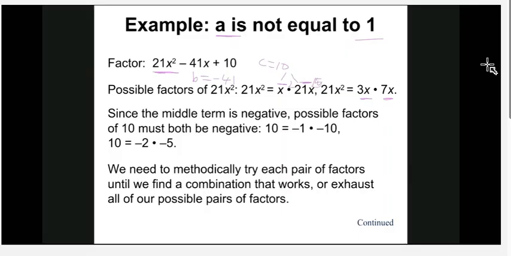Or we can factor into negative 1 and negative 10. So we have 2 possibilities of the first term, 2 possibilities of the last term here. So we're going to have 4 different combinations in here. So we're going to try each pair of factors, to see which one will work.